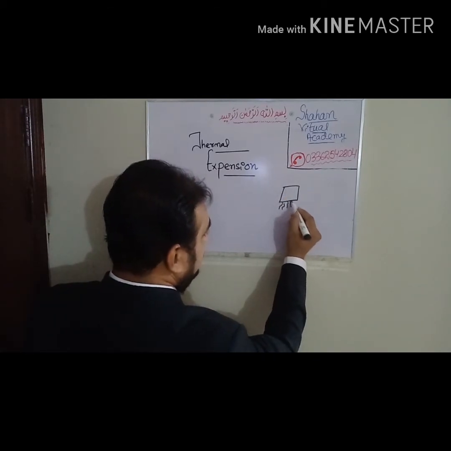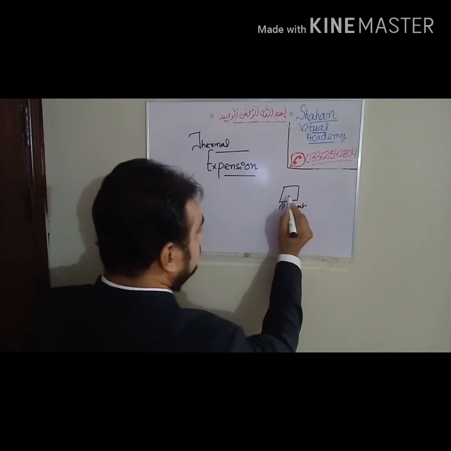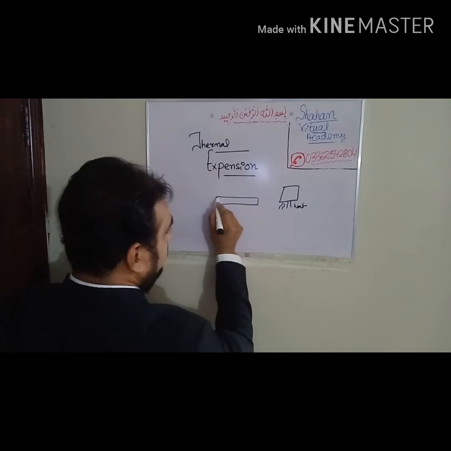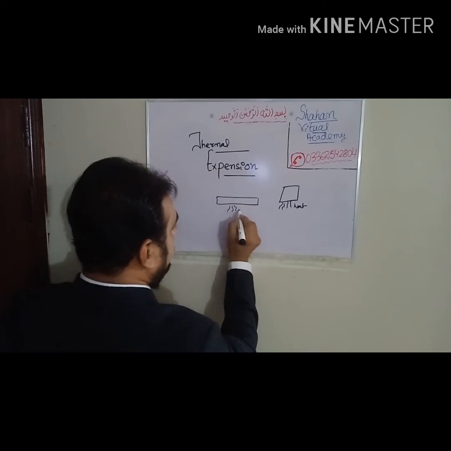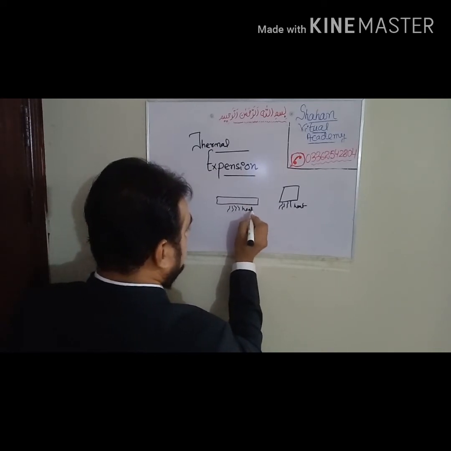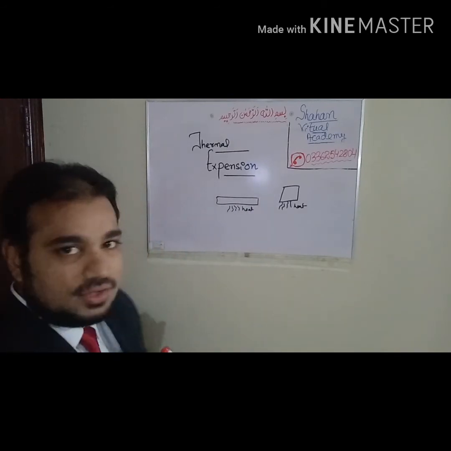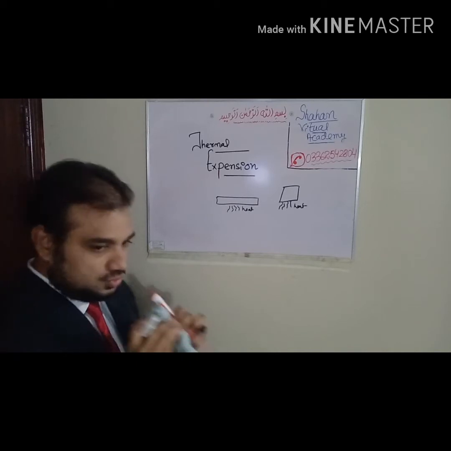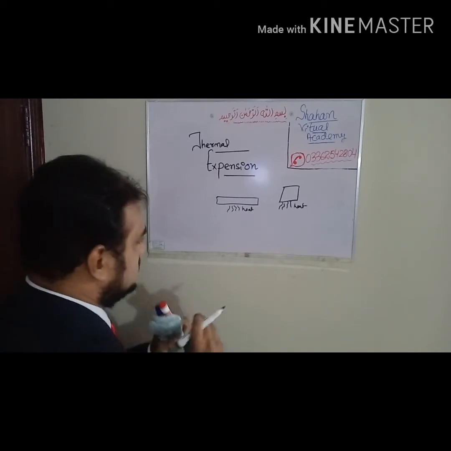Let's suppose we have a rod, and we provide heat to the body. The process begins: when we give heat to the body, the molecules get energized. You should know about kinetic energy.